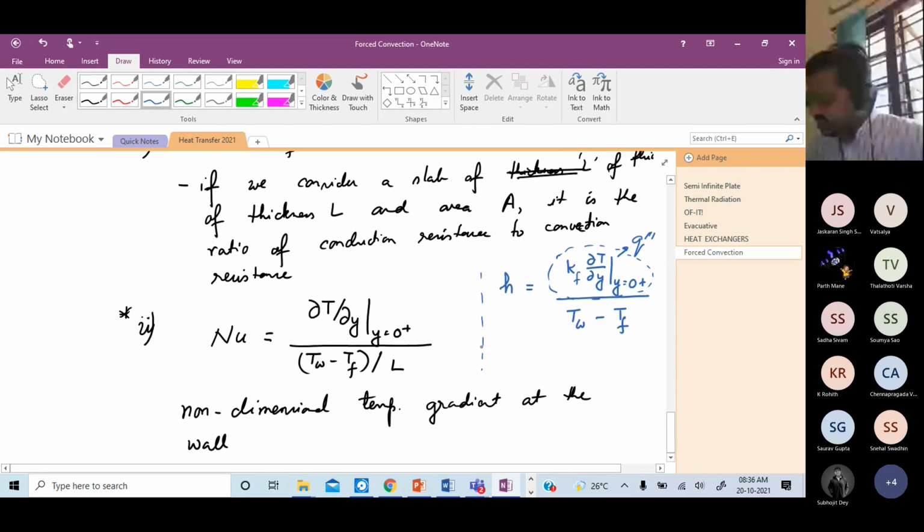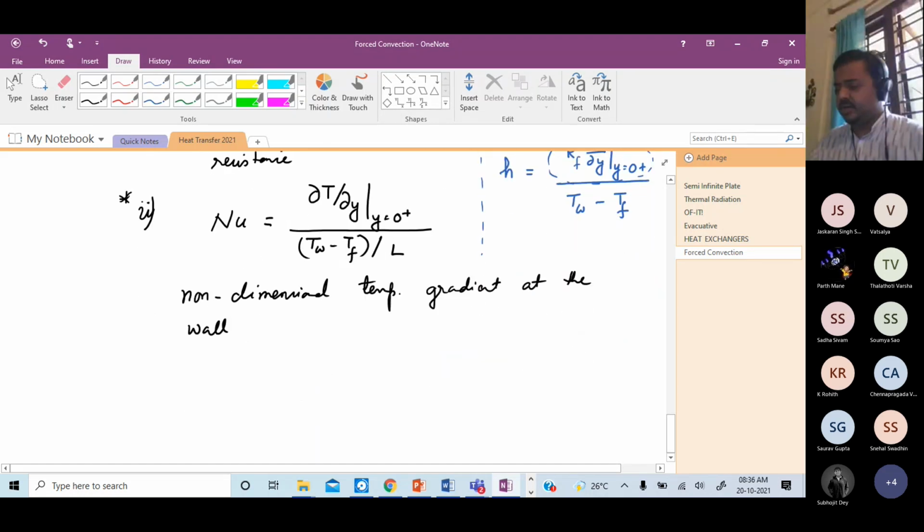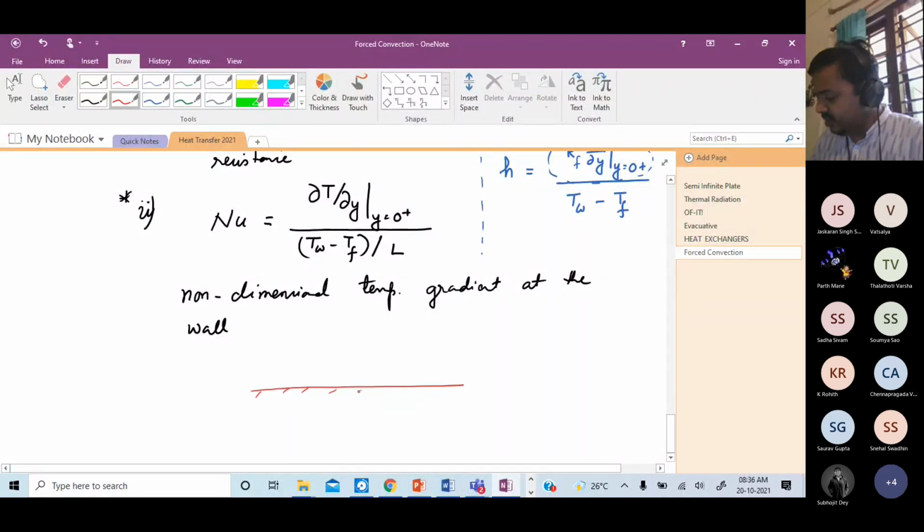Now look at this. At the top, what is the numerator? It is the temperature gradient right at the heated wall. If this is my heated wall, this is the temperature gradient of the fluid, definitely.